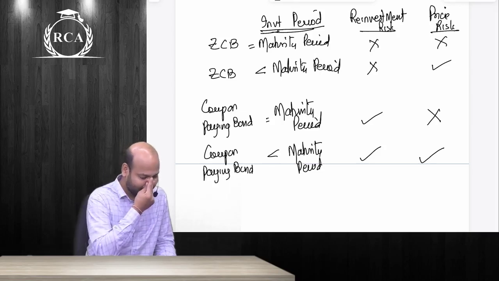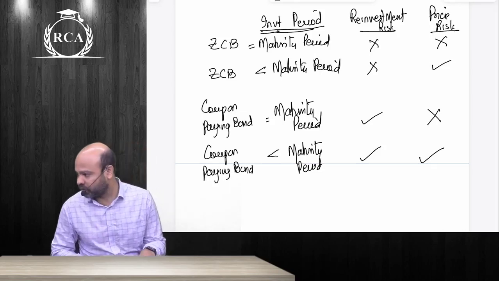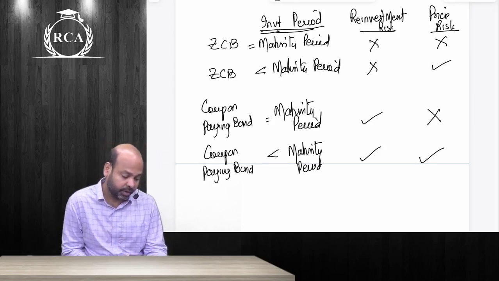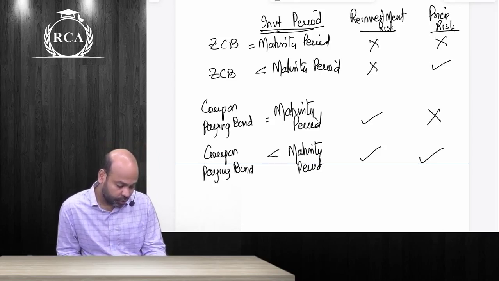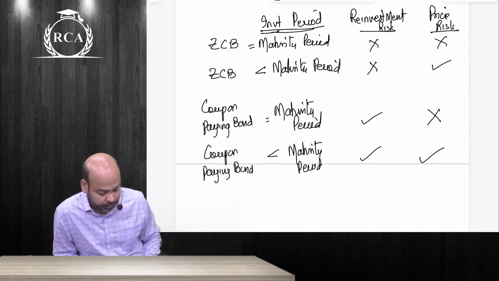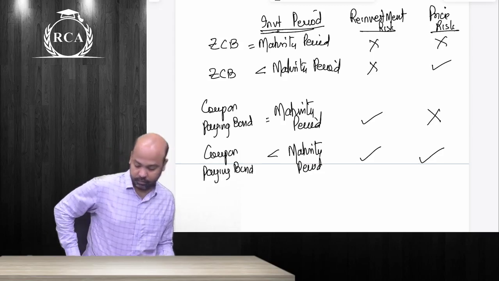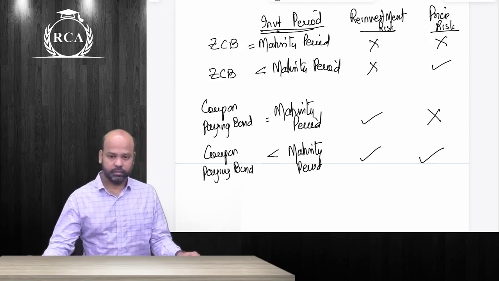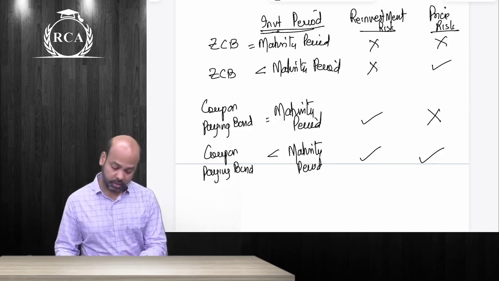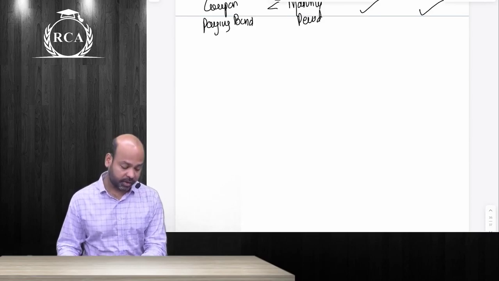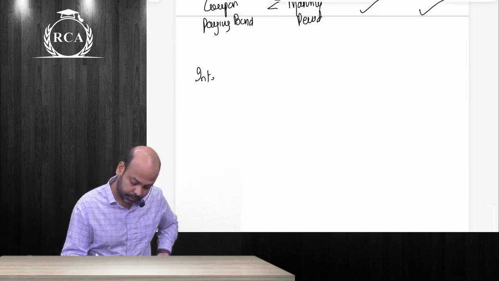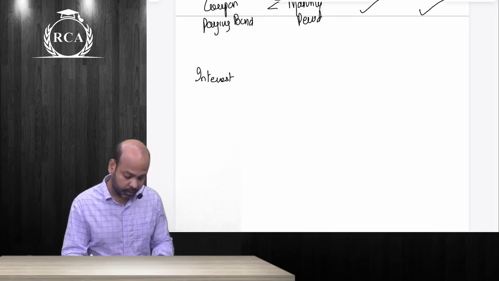Write down. Next. To avoid price risk and reinvestment risk, there are two possibilities. What is this called?